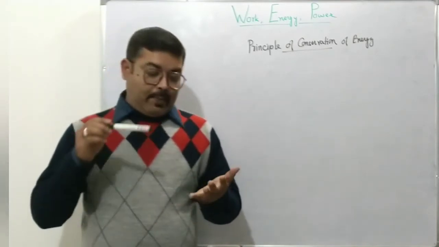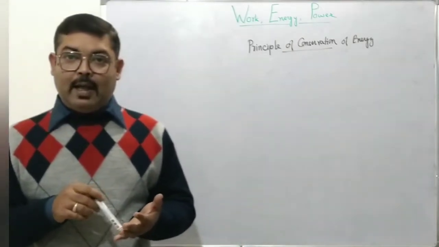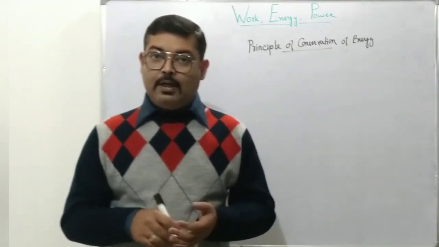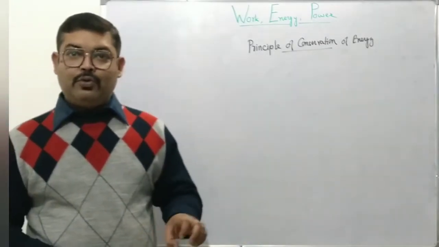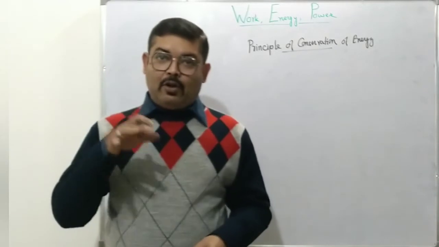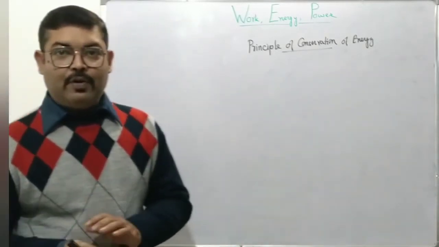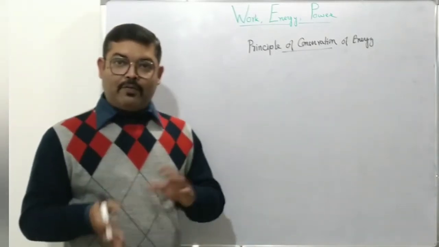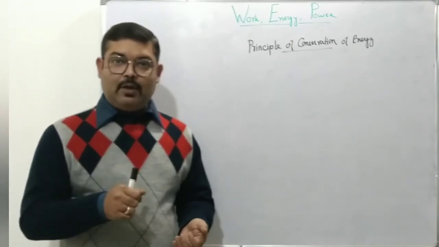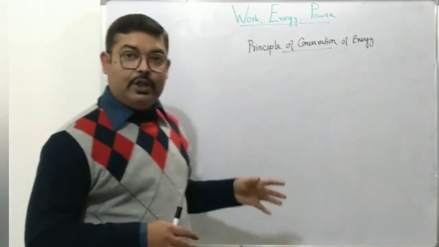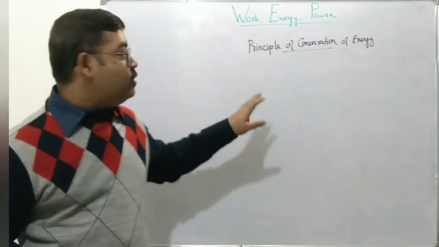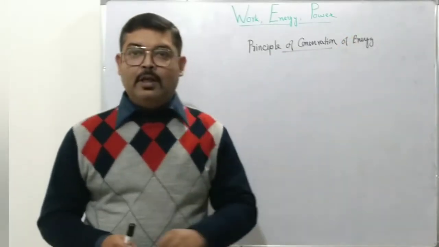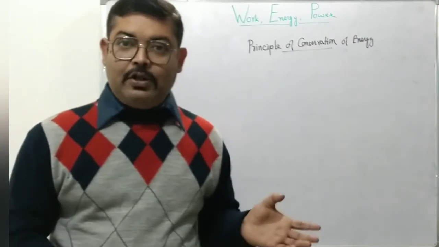However, if you measure the amount of heat energy and sound energy generated during the ball hitting the ground, and also the kinetic and the potential energies of the ball before and after the ball has hit the ground, you will find that total energy of all forms will remain conserved, and that is known as the principle of conservation of energy. Net energy will never change.